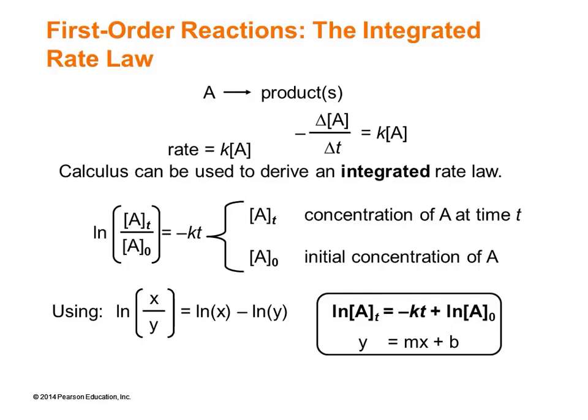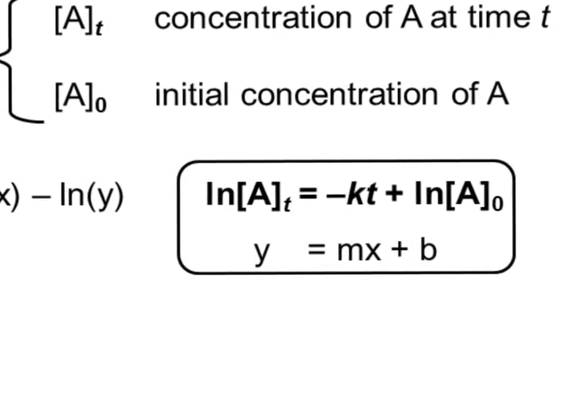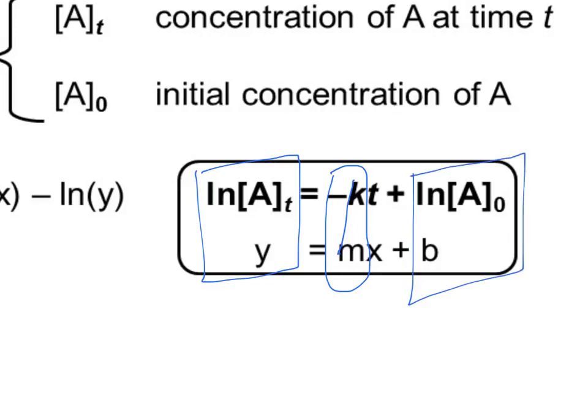If we blow up this equation here, the equation we just derived on the other page, you can see how this fits that y equals mx plus b format that we love so much, where y would be the natural log of A sub t, your slope would be the opposite of the rate constant, time would be your x, and your intercept would be the natural log of your initial concentration.